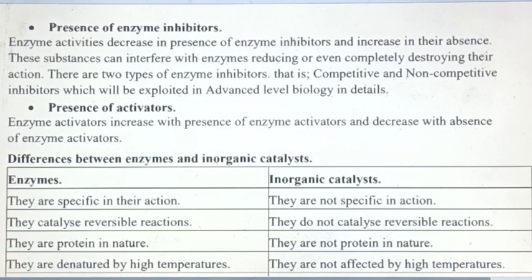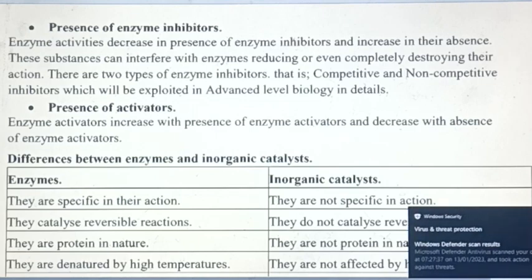So they are so specific in their action. The mode of action of enzymes is explained by a lock and key hypothesis. You look at a lock, it has a specific key. You can't get any random key and bring it to open a lock. So they are so specific in their action.